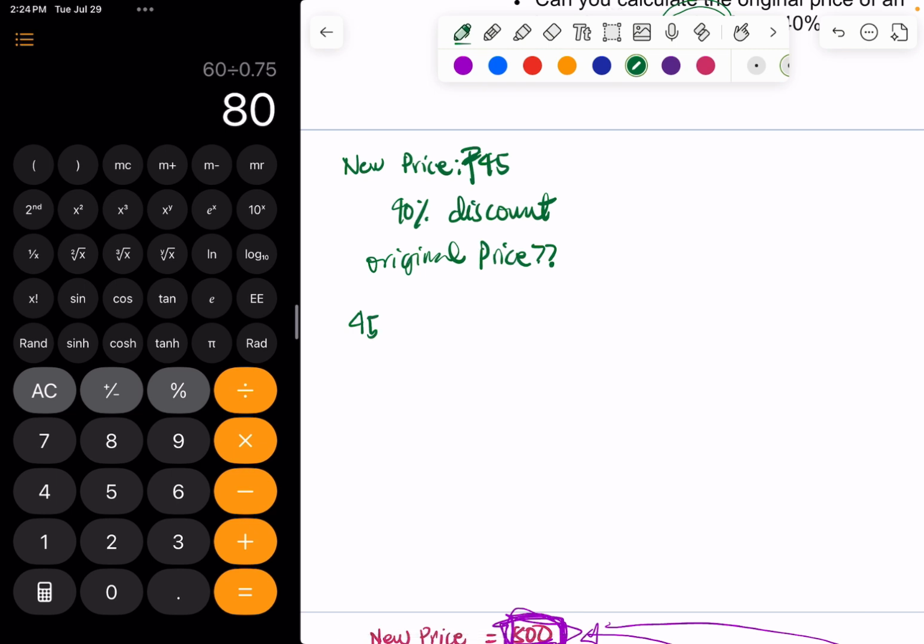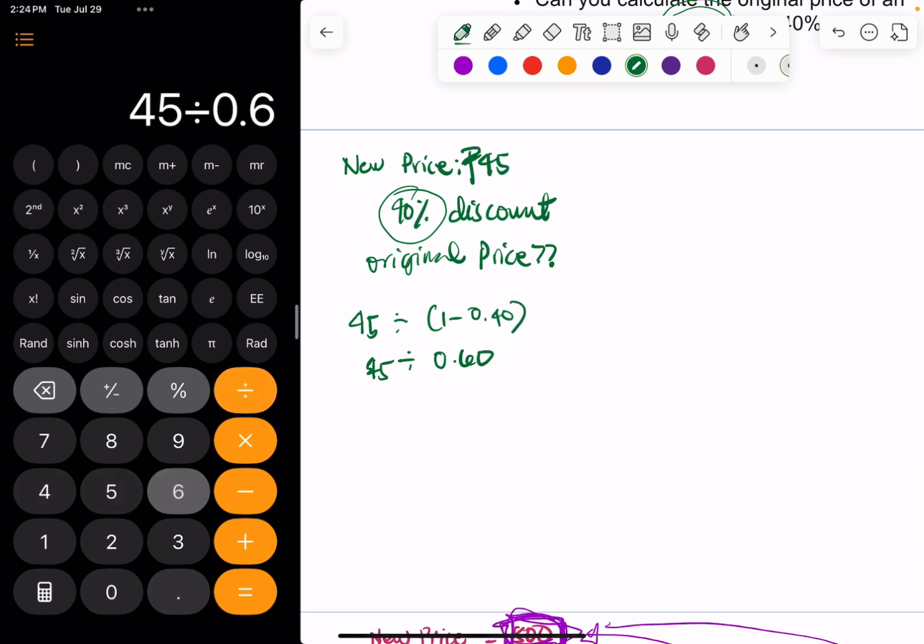If pabalik, unsay buhaton sa pabalik sa original, you use division. So, 45 divided by 40%. So, that means 1 minus 0.40. So, 45 divided by 0.60. So, your answer is 75 pesos.